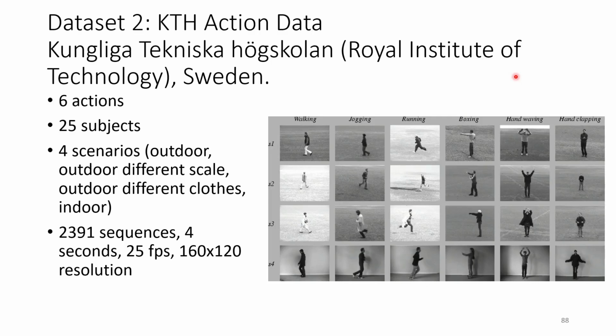And they also did their experiments on another data set called the KTH action dataset. There are only 6 actions. They are walking, jogging, running, boxing, hand waving, and hand clapping, right? Okay, the dataset was composed of 25 subjects, and there are 4 scenarios: outdoor, outdoor with different scales, outdoor with different qualities, and indoor.